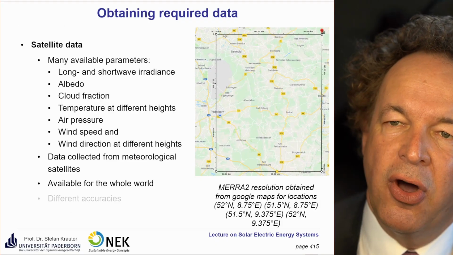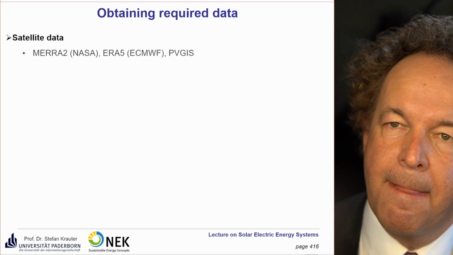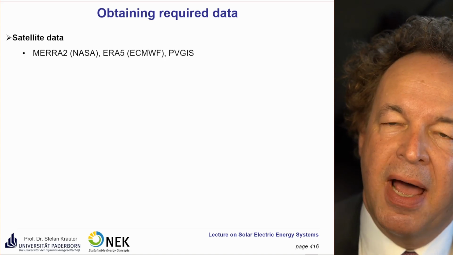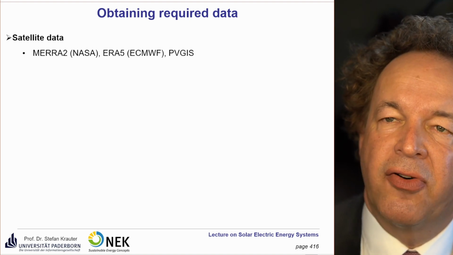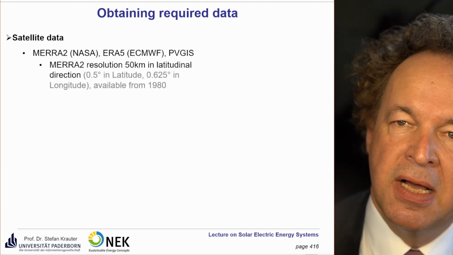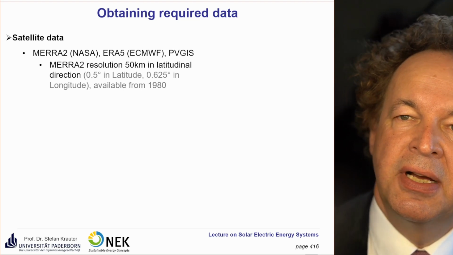This is just to mention the data collected from meteorological satellites. It's available for the whole world, and you have different accuracies. So as I mentioned, MERRA, which is supplied by NASA. There is ERA5, which is data from the European Union. The same applies for PVGIS. So MERRA-2 offers a resolution of 50 kilometers.